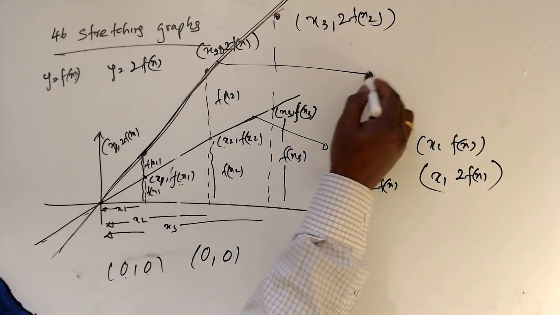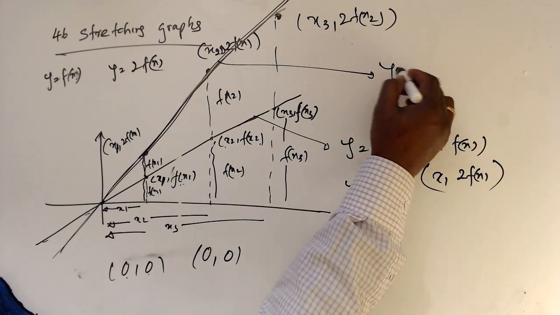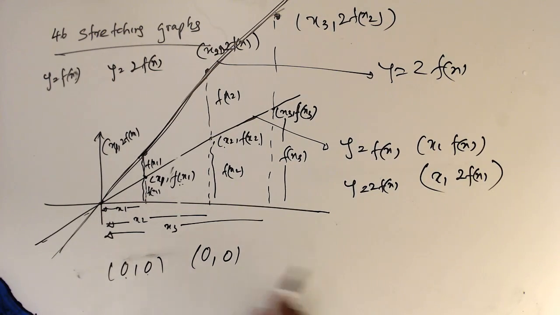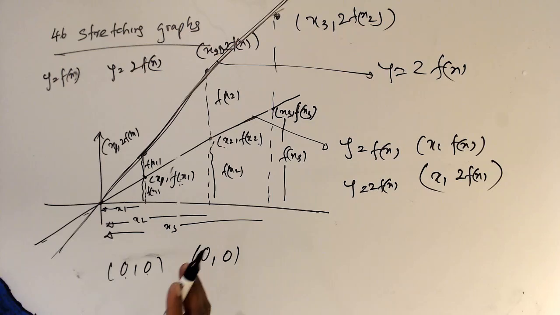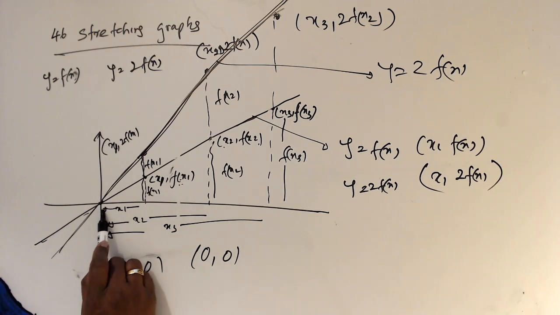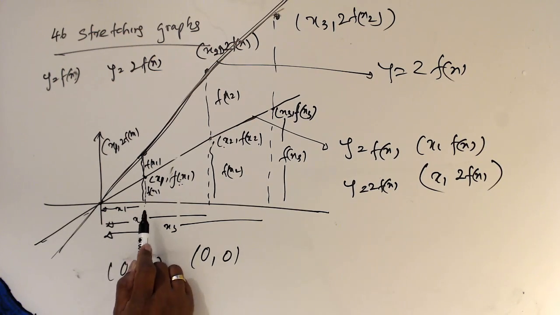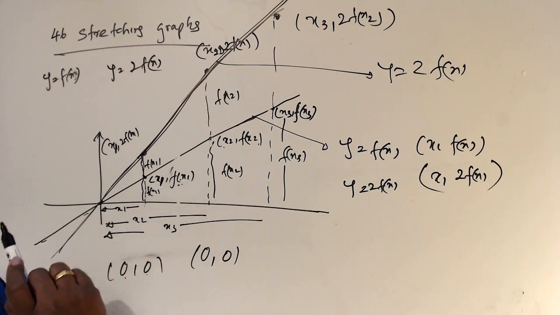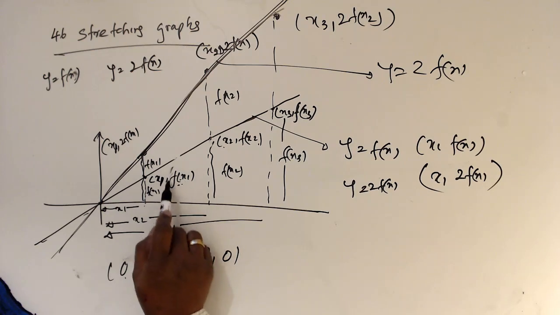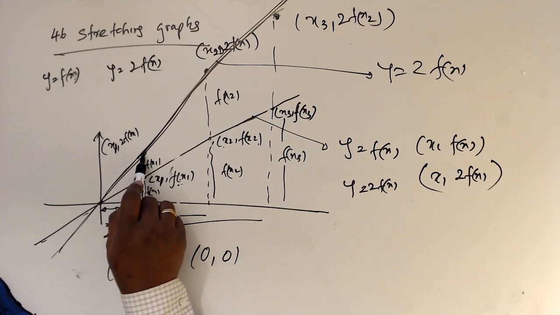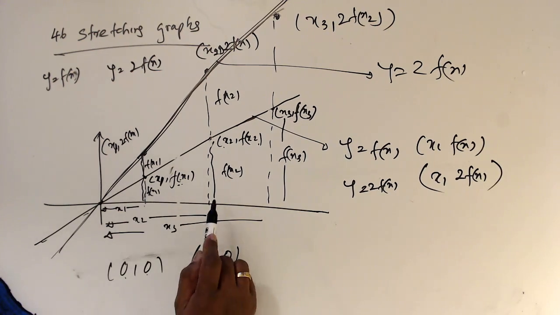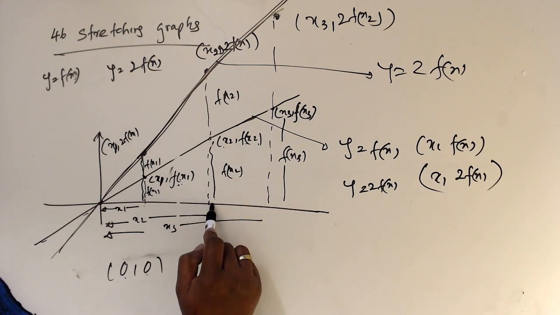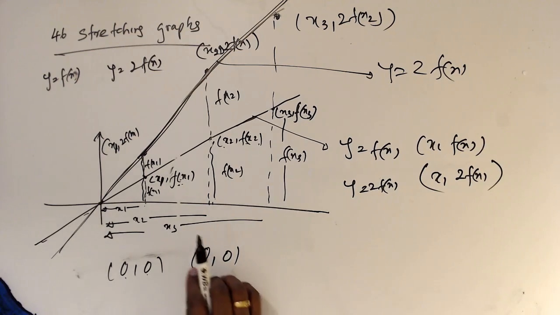So this is y = f(x). Only what I did, I keep x1 as it is and I double the y value. This height, I double it. This is the height of f(x2), so the same, I double it.